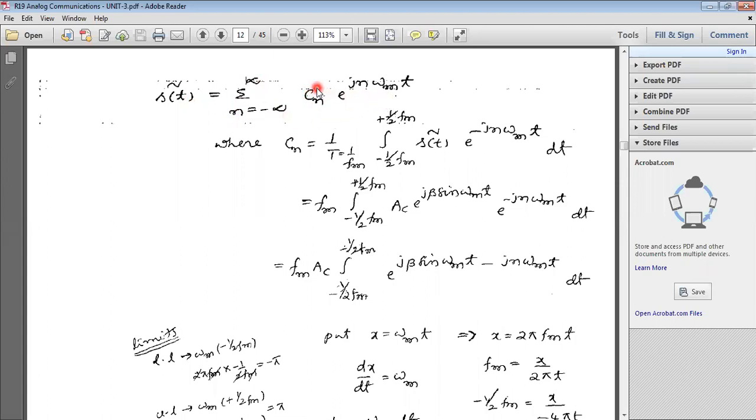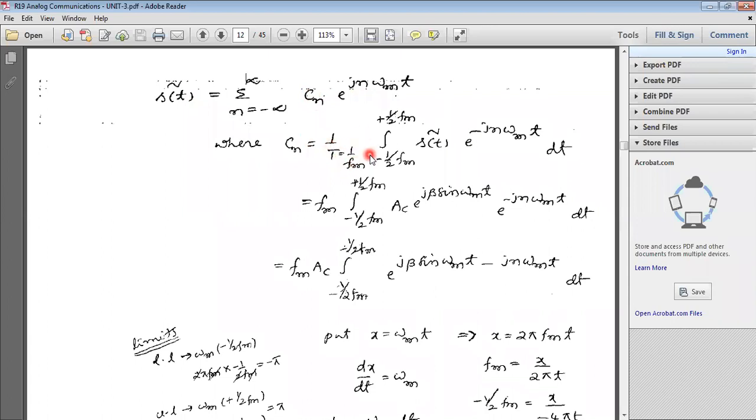Here we take the Cn value where Cn equals 1 by T, which has the same frequency as the modulating signal frequency. Therefore, it becomes 1 by fm, so 1 by fm becomes fm.